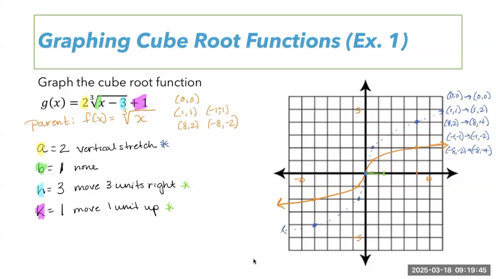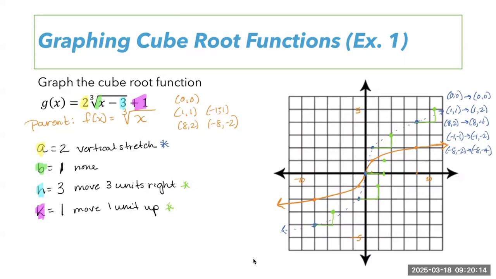And then 1 unit up would put me right there. For this blue one, 3 units to the right, 1 up is right there. Here I go 3 units to the right, 1 up, right there. This point will go 3 units to the right, 1 up. And this point will go 3 units to the right and 1 up.